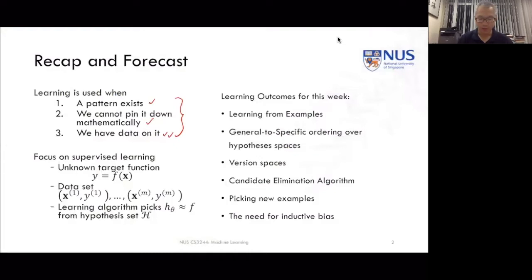Okay, and for the bulk of the course, we're going to be focusing on supervised learning. So that's where we have an unknown target function, which is represented by f, taking some input that could be a vector, and it's going to generate some type of output y, okay, which could be discrete or continuous. And we're going to learn this target function approximated using some data set.